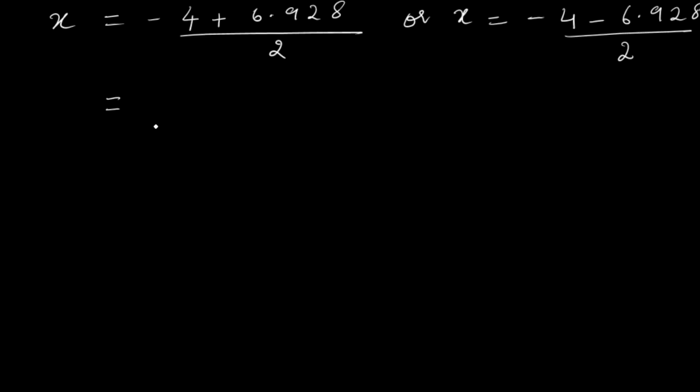Minus 4 plus 6.928 gives 2.928 by 2, or minus 4 minus 6.928 gives minus 10.928 by 2.